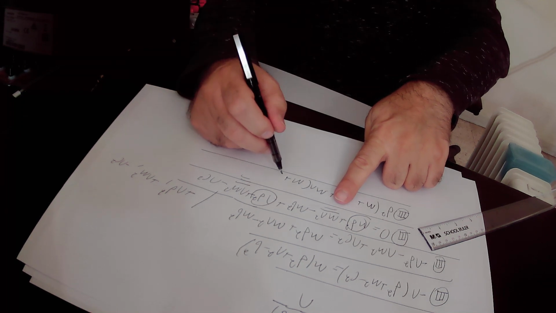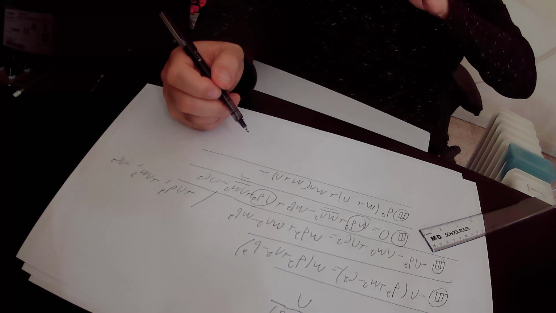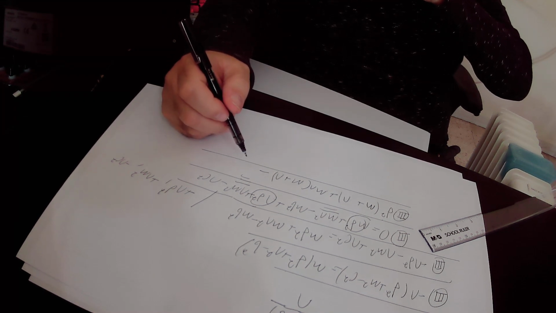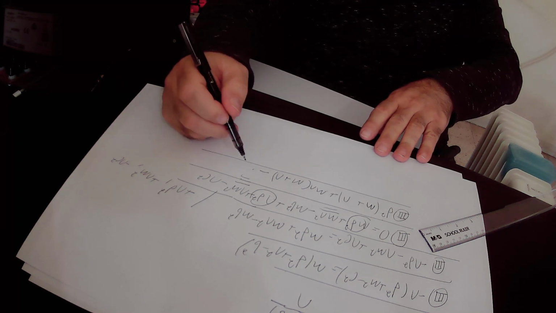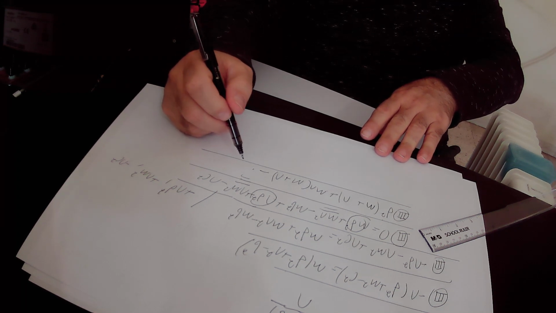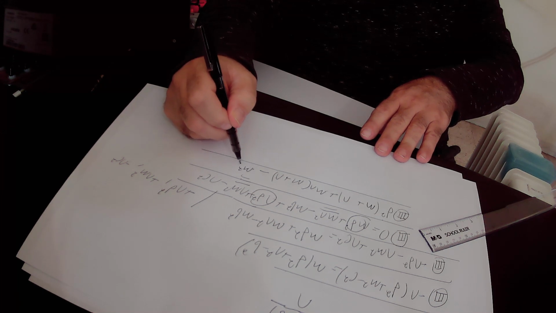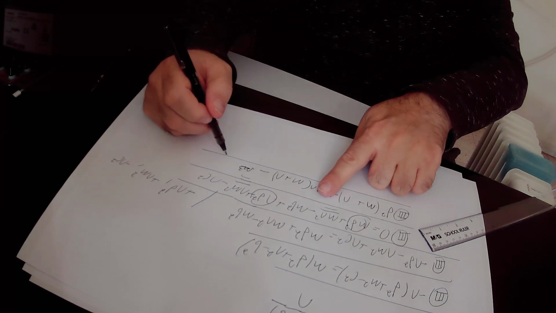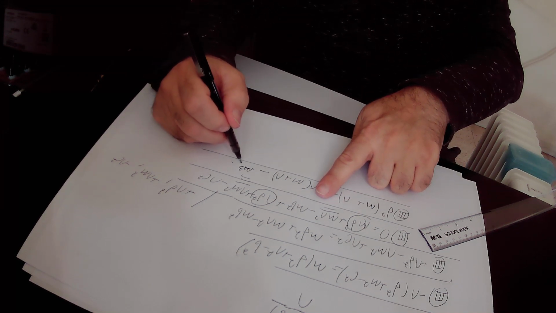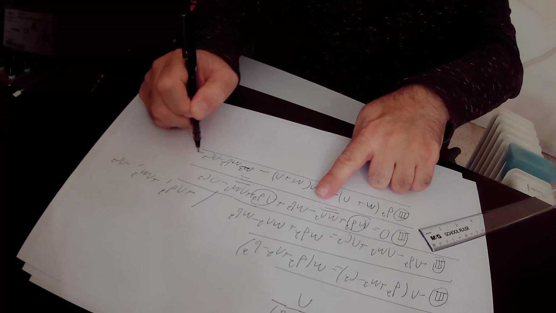Therefore, inside the brackets we left only with n, and it is minus m b squared minus n c squared is equal to 0.